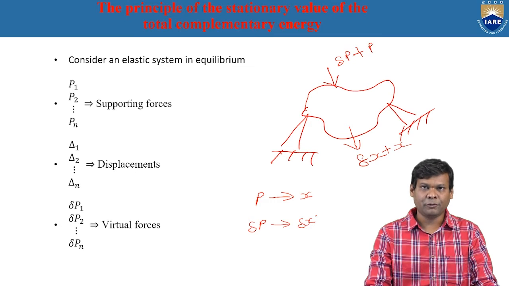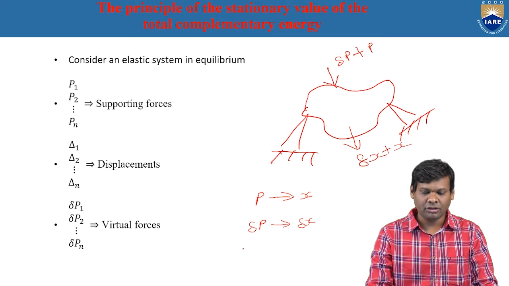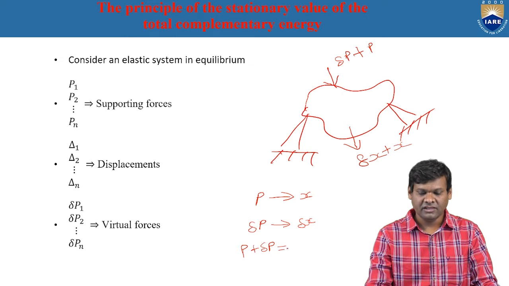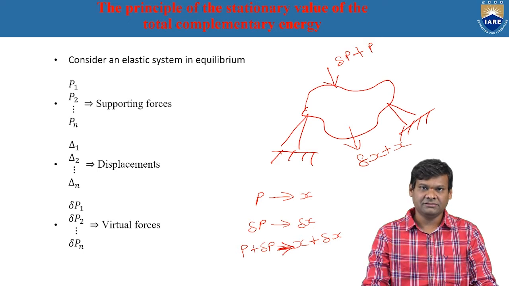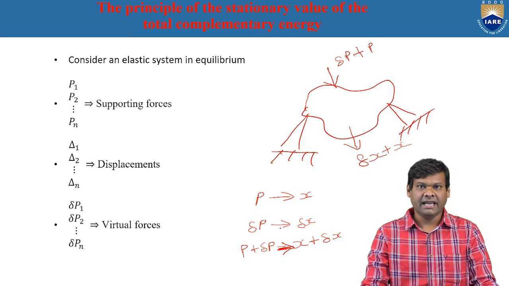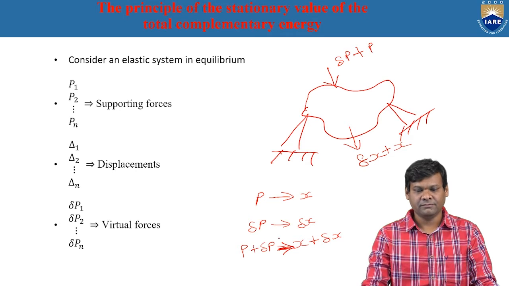And if I apply a load of P plus delta P combined, then the deflection will be x plus delta x. Here you have observed that there is some relation between this load and deflection, and we say that it follows the principle of superposition.